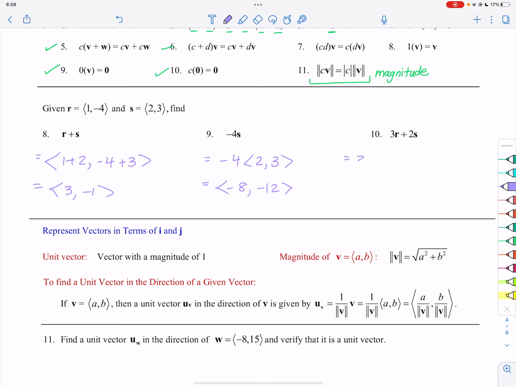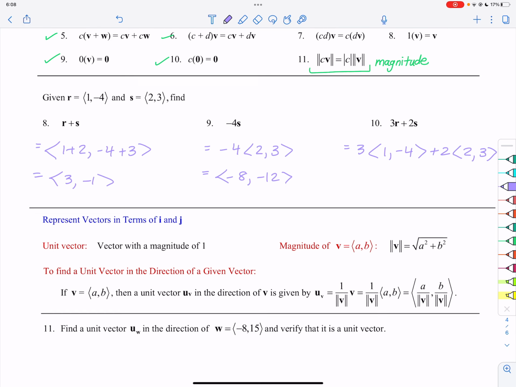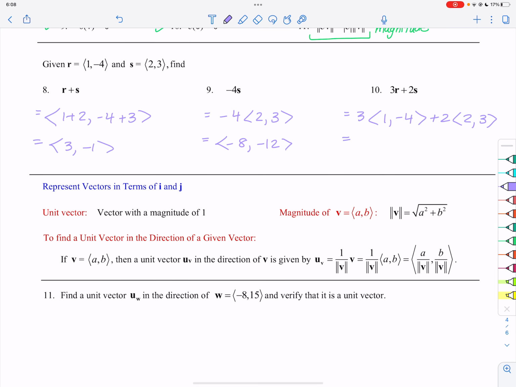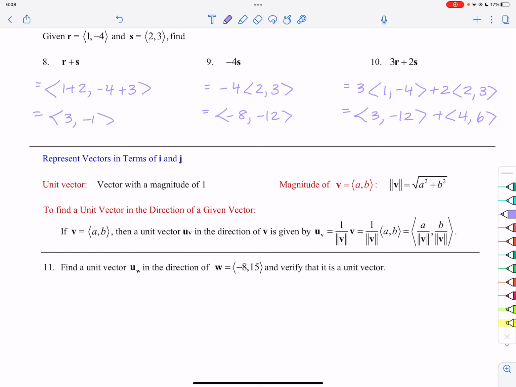In number 10, we will have 3 times vector r plus 2 times vector s. So here we will have 3, negative 12 plus 4, 6. And now we could add those components together, and we will have 7, negative 6.